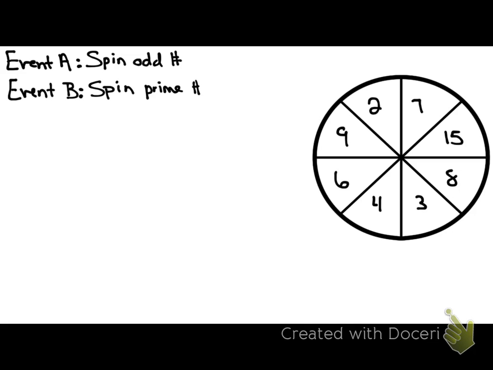Is it possible for a number to be both odd and prime? What's an odd number that's also prime on the spinner? 7. Okay. As long as I have at least one, then these are overlapping events.